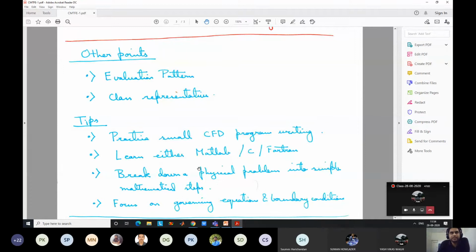Some other tips: whenever you are taking a CFD problem, you will have a physical problem. The main challenge is not in solving the problem. One of the main challenges is how to take that physical problem, which has so much complexity, and simplify it into a simple solvable problem, a series of mathematical steps.